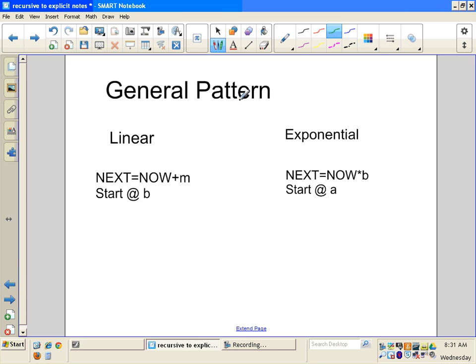What else do we have here? So the general pattern for a linear function which matches with an arithmetic sequence is next equals now plus m, your slope, and you're starting at b. And so that goes directly to y equals mx plus b. m goes here, your starting at goes down here. Okay?